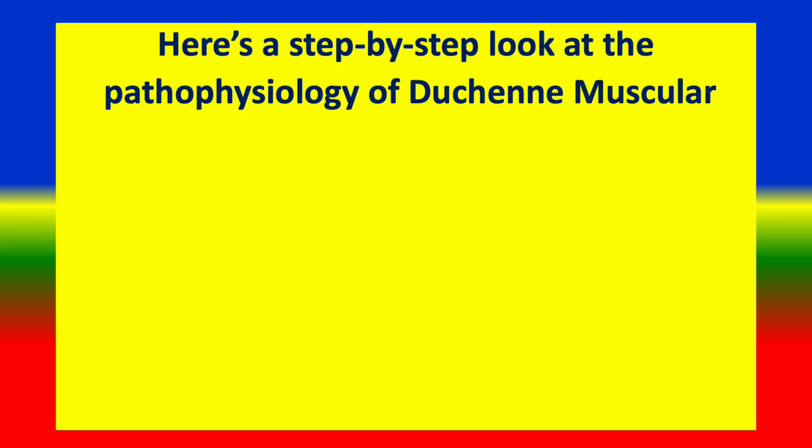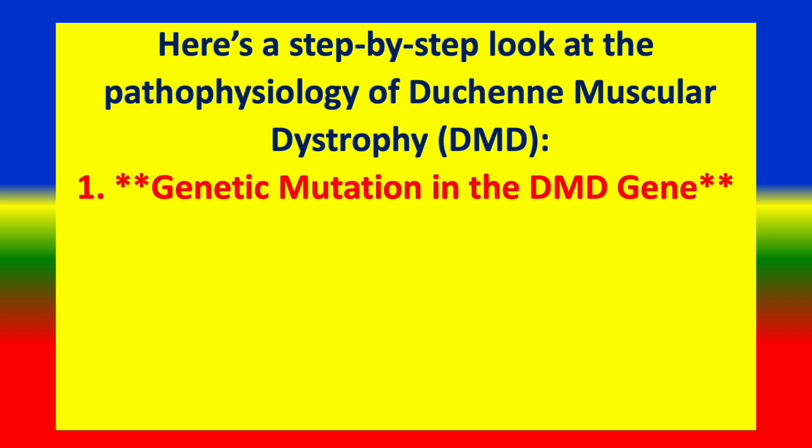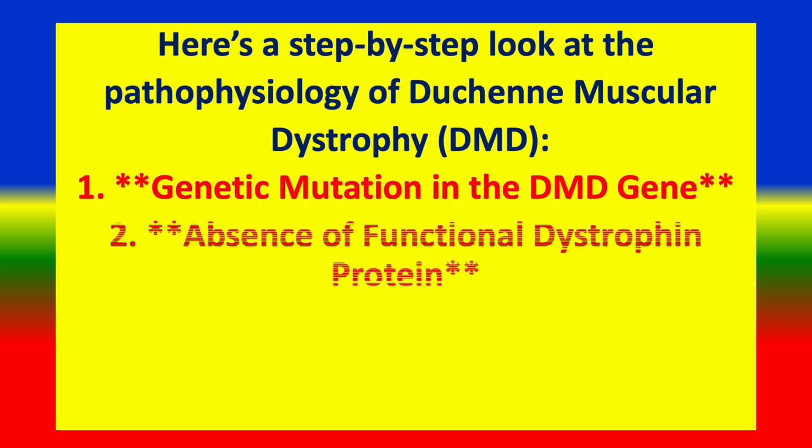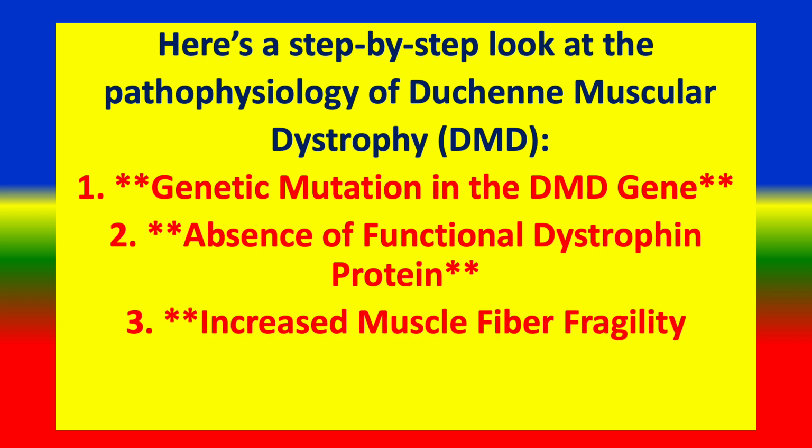Here is a step by step look at the pathophysiology of Duchenne muscular dystrophy. 1. Genetic mutation in the DMD gene. 2. Absence of functional dystrophin protein. 3.